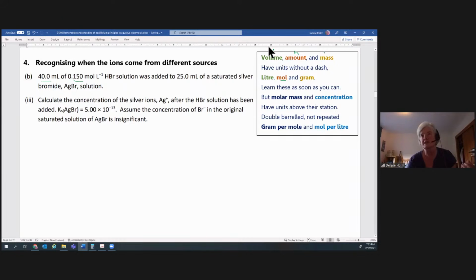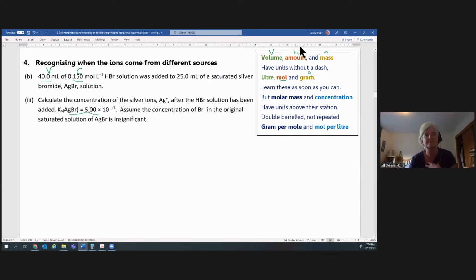Mass has a symbol of small m and is measured in gram. Okay, so here's a little poem you can learn if that helps you. But you must be able to do that, because when I do this, I can go, okay, that's a volume, that's a concentration, and there's my Ks.